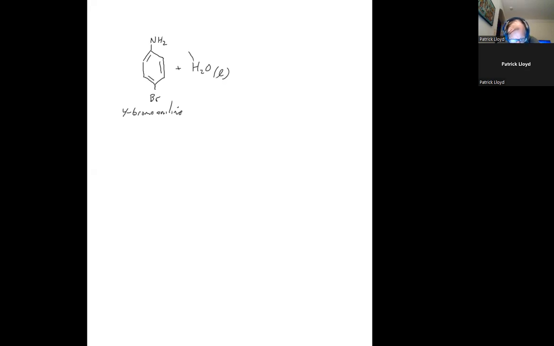The proton is going to go onto the nitrogen. Then you're left with this benzene ring, called an aromatic group. Now you have 3 hydrogens and a plus charge, right? And then you have this bromo here, and the water loses the H plus, so you've got hydroxide.